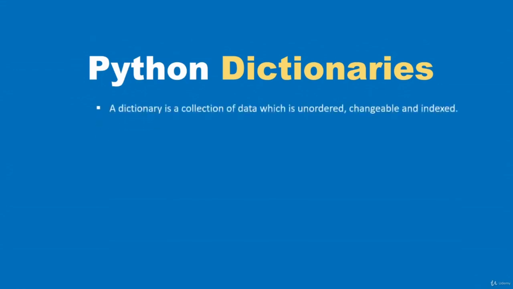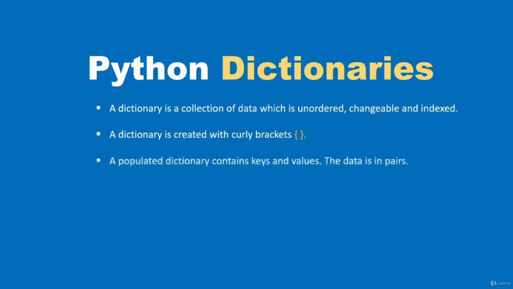A Python dictionary is created by using curly brackets. Also, a populated Python dictionary will have keys and corresponding values. So the data inside a populated dictionary is paired. Paired in the sense that they have keys and the keys have corresponding values.